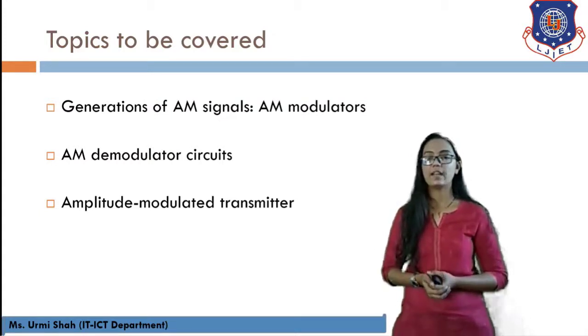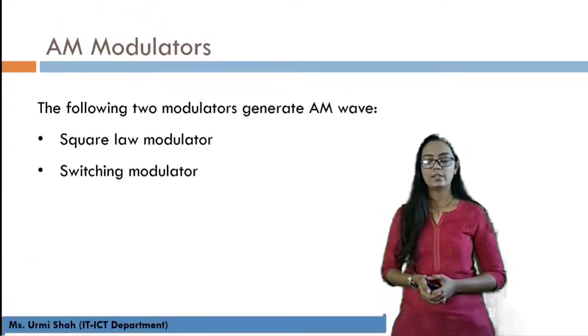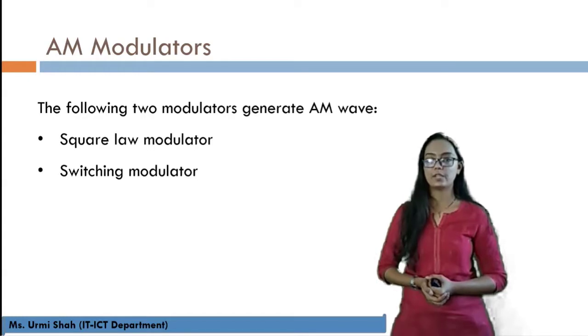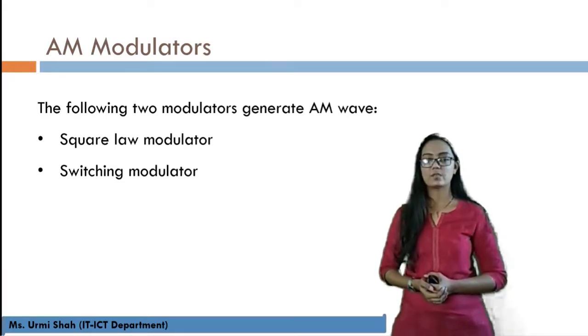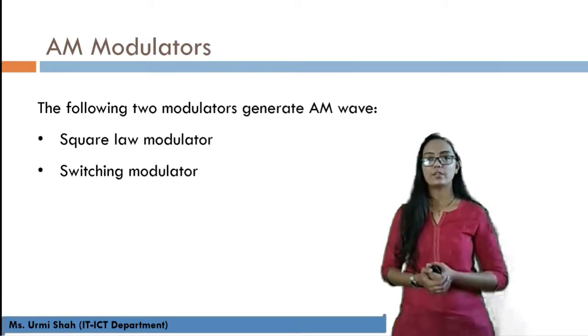Basically, amplitude modulation is performed using two types of modulators, the square law modulator and the switching modulator. These are the two types frequently used in industry as well as in the market. So what is the square law modulator and what is the switching modulator, that we will see.